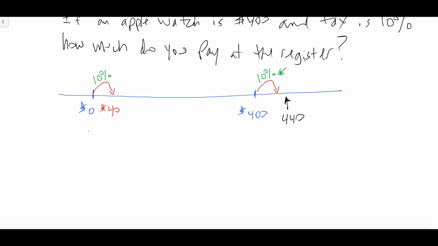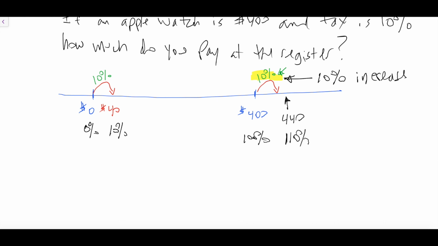This is 0%, this is 10%, this is 100%, this is 110%. So this right here is a 10% increase.